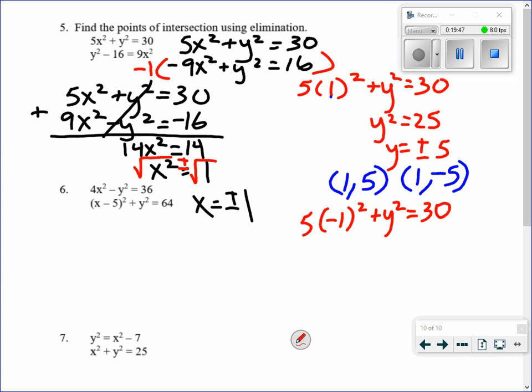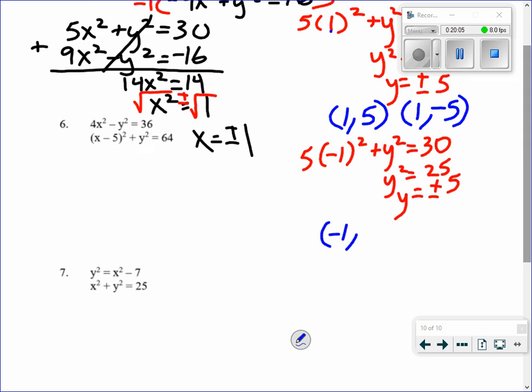Subtract 5 on both sides, so I would have y squared is equal to 25, so I know y is equal to plus or minus 5. So when my input, my x value, was -1, one of my outputs, one of my y values, was 5, and my other output was -5.